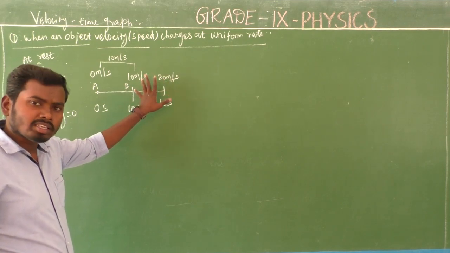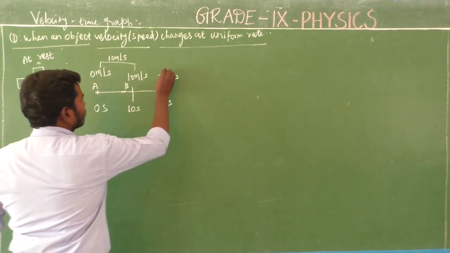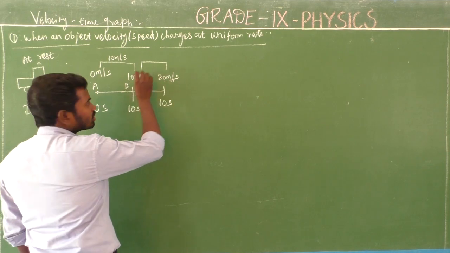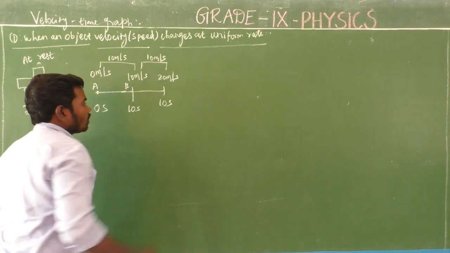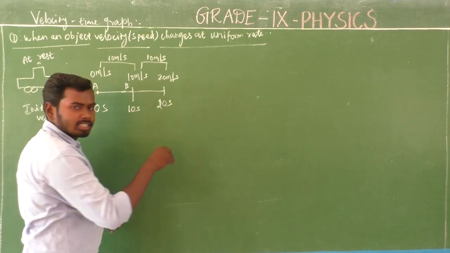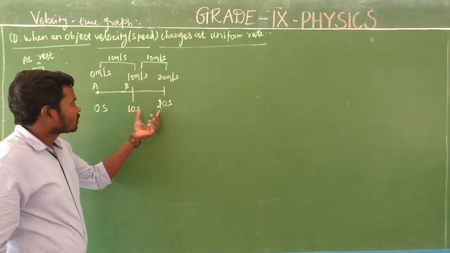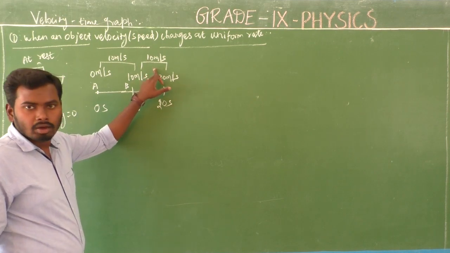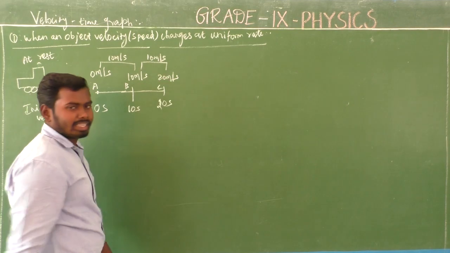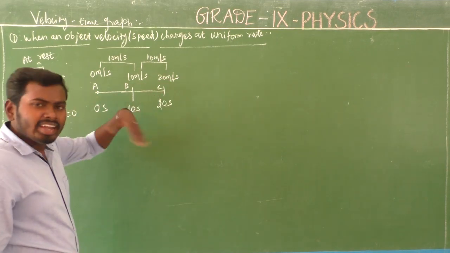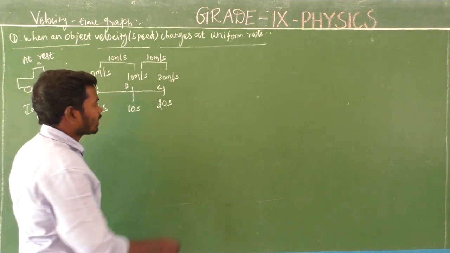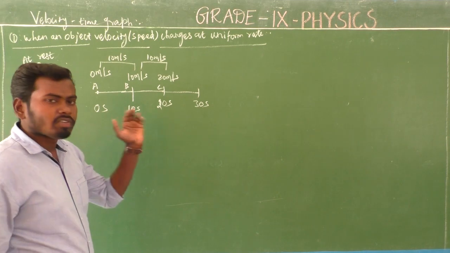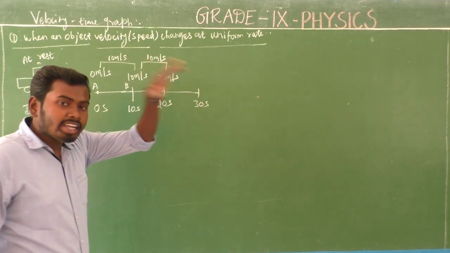How much does the velocity change? 20 minus 10, which is 10 meters per second, final minus initial. Next the car comes to position C. In the next 10 seconds, which means 30 seconds, the velocity of the object changes to 30 meters per second.